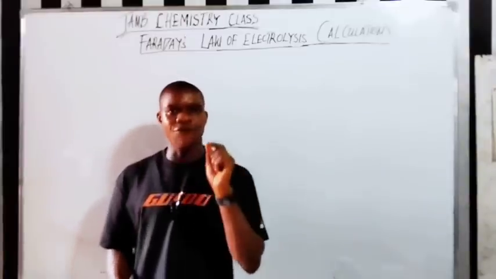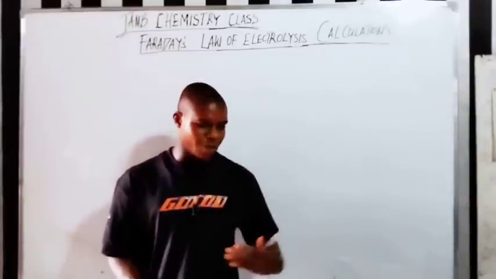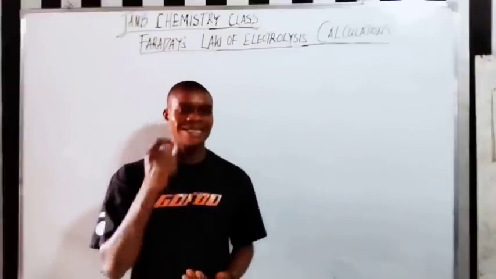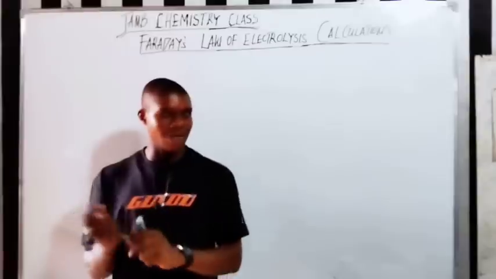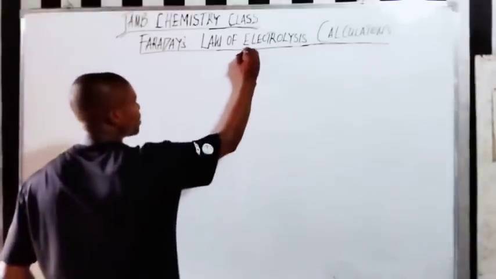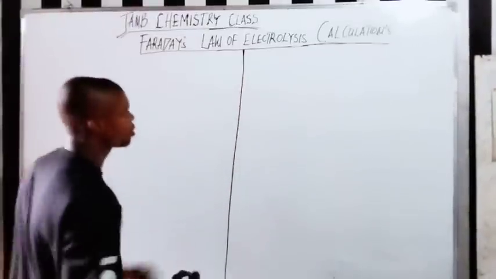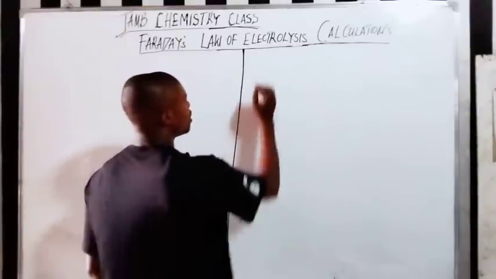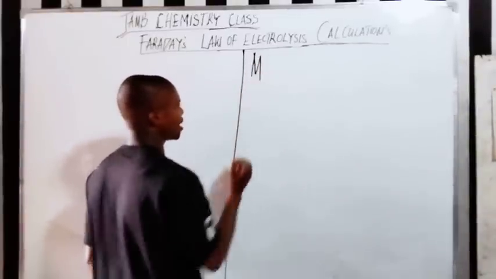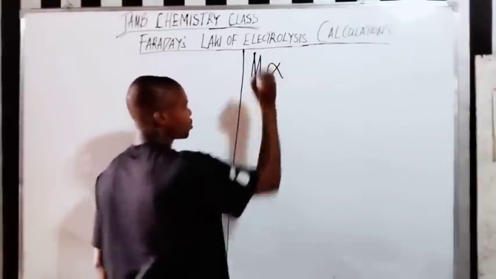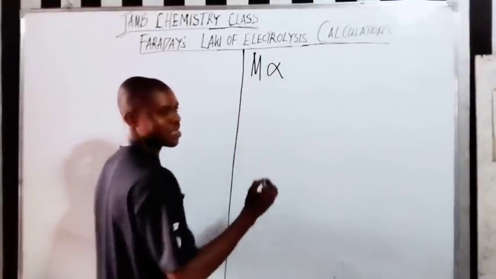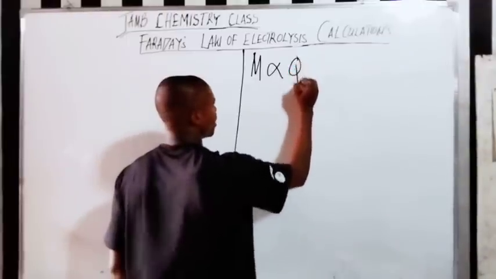The mass of a substance deposited during electrolysis is directly proportional to the quantity of electricity that passed through the electrolyte. From there, that's going to be our key foundation. Keyword: foundation. For the first law, the mass of a substance deposited during electrolysis is directly proportional to what? To the quantity of electricity that passed through the electrolyte.